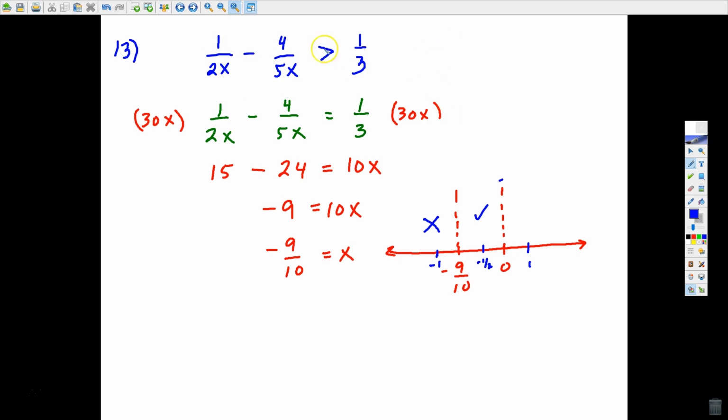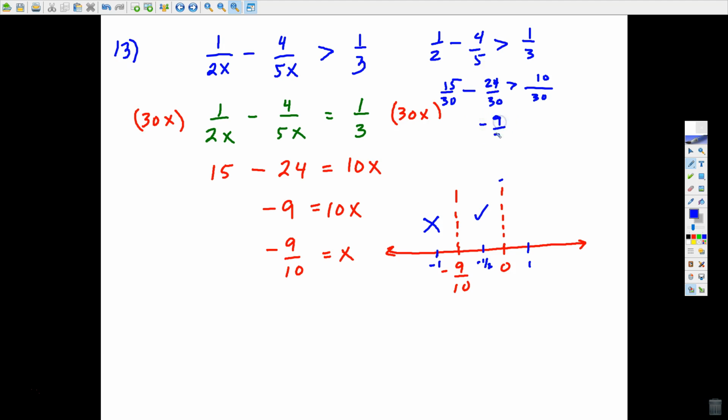So if we input 1, we get 1/2 minus 4/5. Is that greater than 1/3? If you want to go ahead and do 30s all the way across, denominator 30. This is 15. 5 into 30 is 6. This is 24. And this is 10.